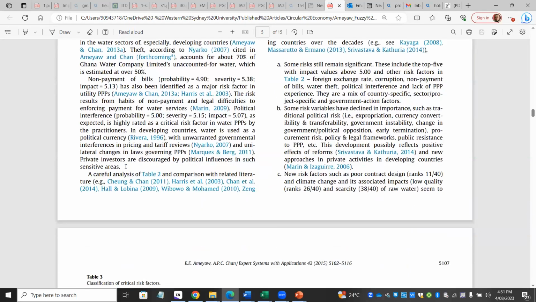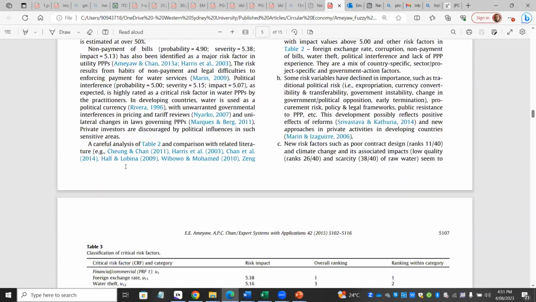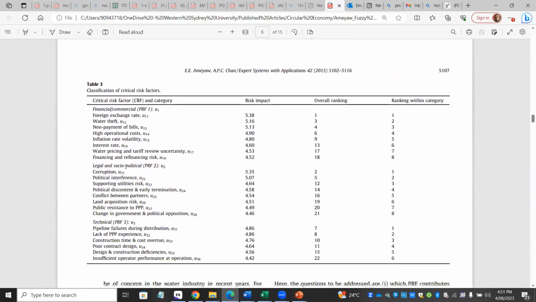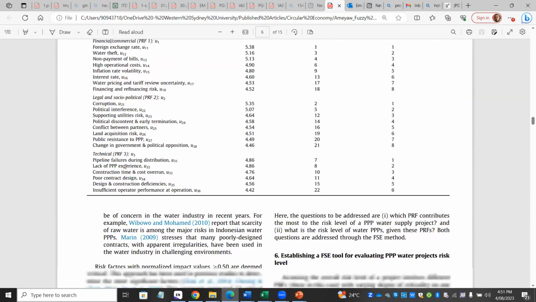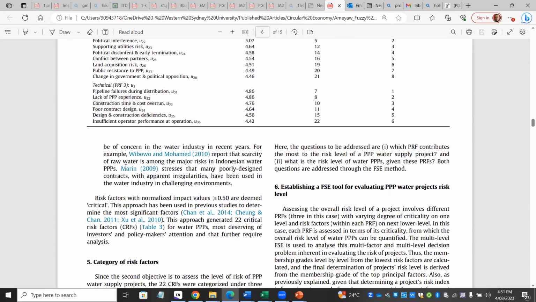And then the PRF is the principal risk factors, which represents the principal groups.